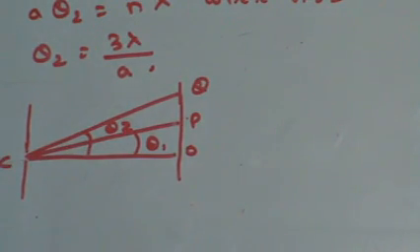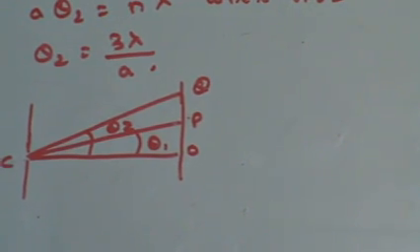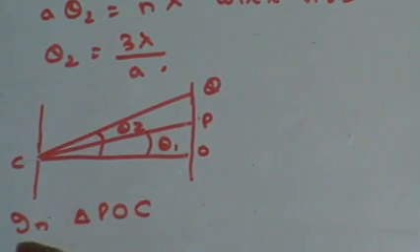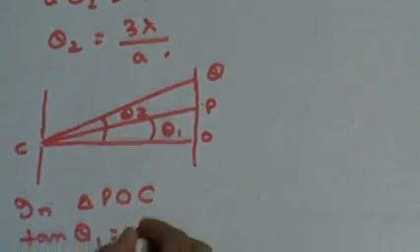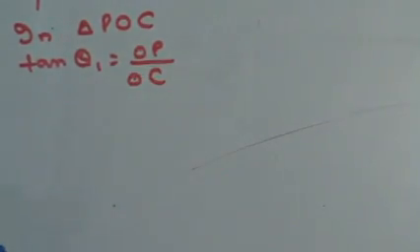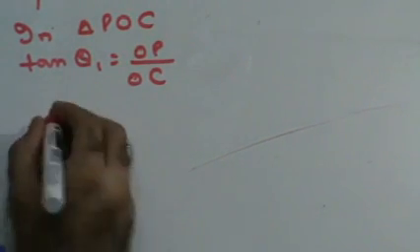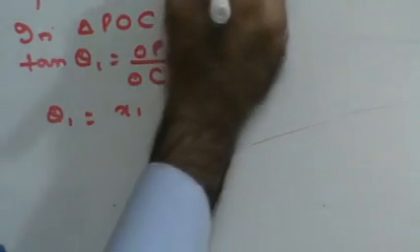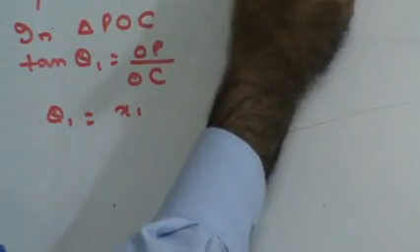Okay, we found out the value of θ1 and θ2. Now in triangle POC, I can say that tan θ1, tan is nothing but OP upon OC, opposite upon adjacent. But since θ1 is very small, OP is nothing but x1. We had assumed this distance to be x1 and this distance to be x2.